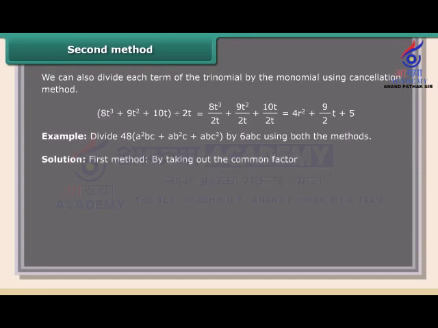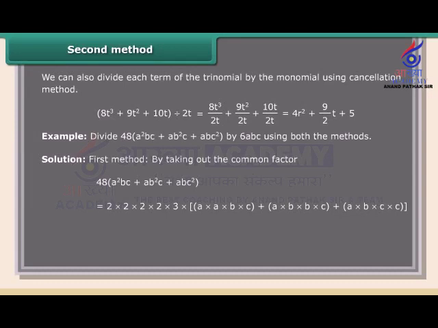By taking out the common factor, 48 into a square bc plus ab square c plus abc square is equal to 2 into 2 into 2 into 2 into 3 into a into a into b into c plus a into b into b into c plus a into b into c into c is equal to 2 into 2 into 2 into 2 into 3 into a into b into c into a plus b plus c is equal to 16 into 3 into abc into a plus b plus c.